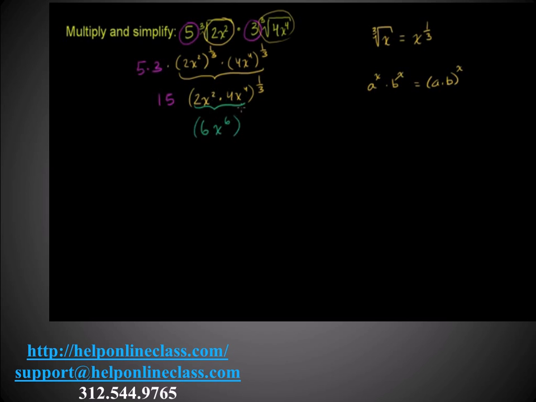And it's all of that to the 1/3 power. Sorry, I wrote 6 for 2 times 4, but 2 times 4 is 8. I think my brain was adding the exponents and wrote the 6 down.